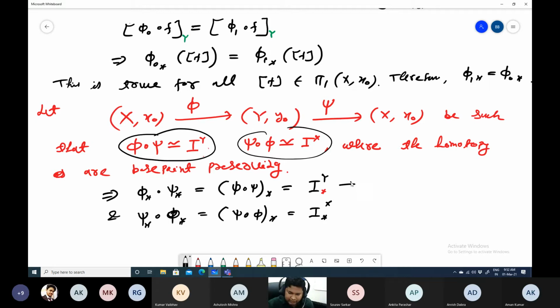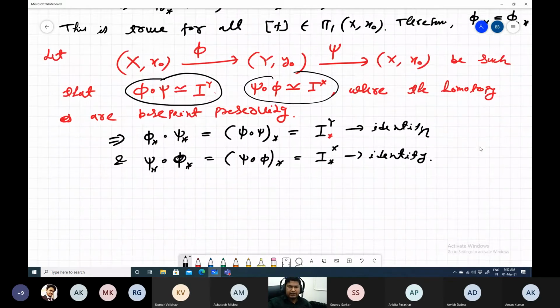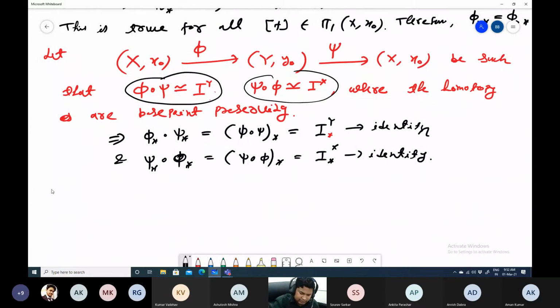And these are also identity. In this case, phi star and psi star, you can say that both are isomorphisms.